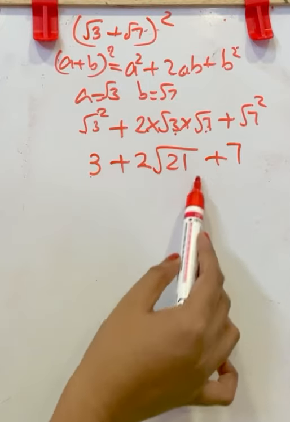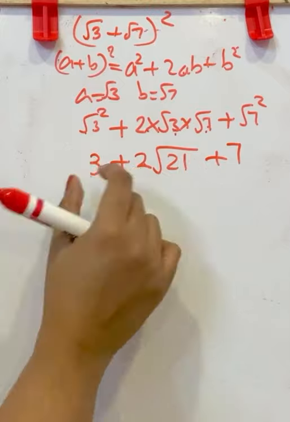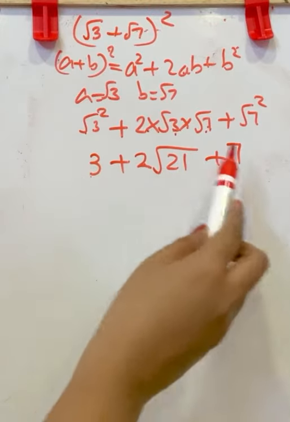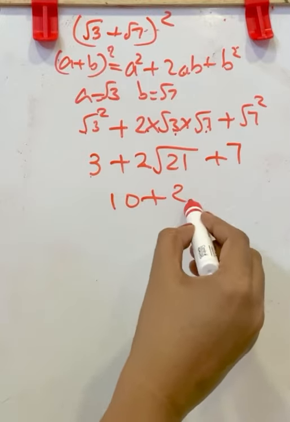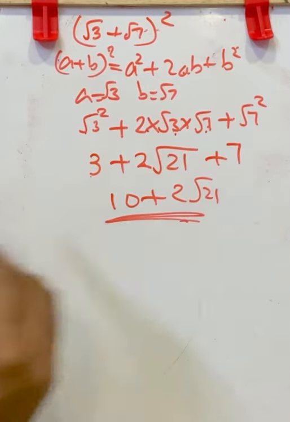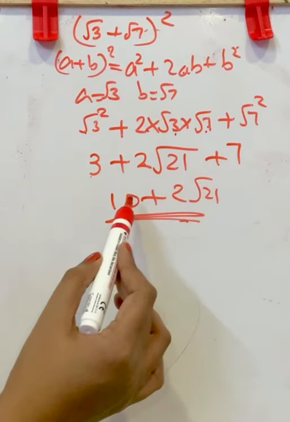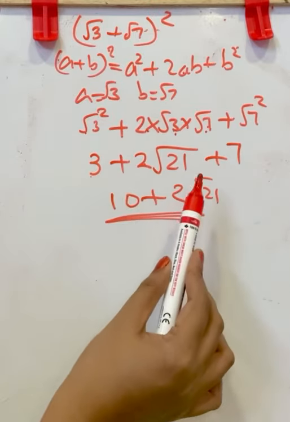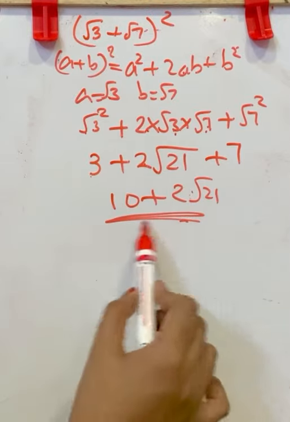But you can't add this to these two numbers. It is an irrational number. So you can't add this to 3 and 7. 3 and 7 we can add. That is 10 plus this is 2√21. This is the final answer. Don't add these two because this is a single term and this is another term. This is an irrational term, so you can't add it to a rational term. This is the final answer.